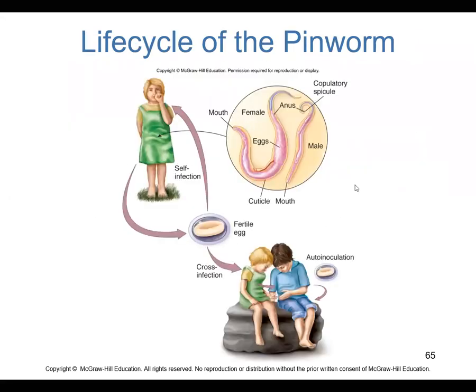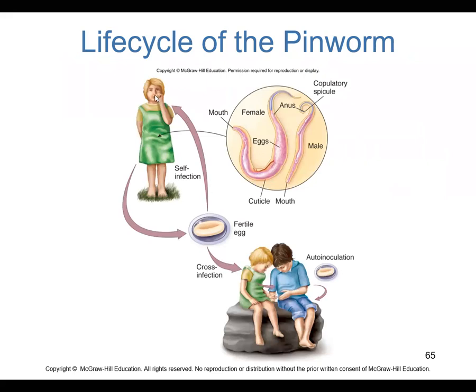Here's an example of one. There's no socioeconomic status or region that protects you from pinworms, because these are everywhere. Children tend to get it more so than adults because they're not as clean. They'll consume it.